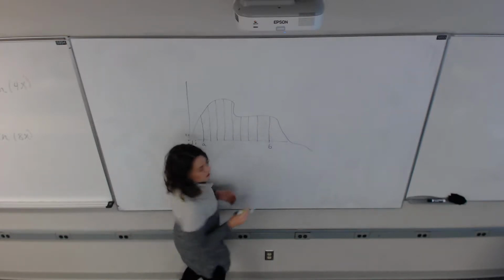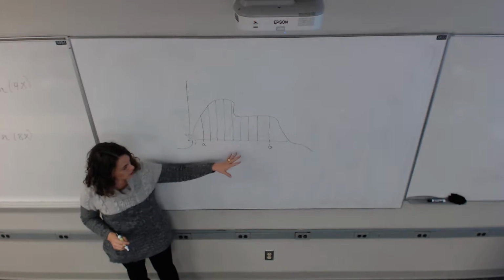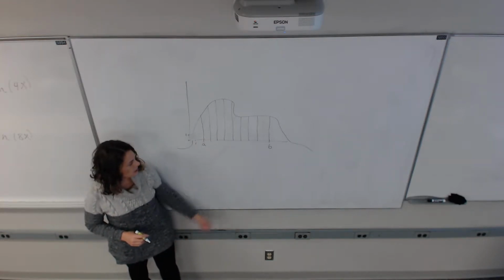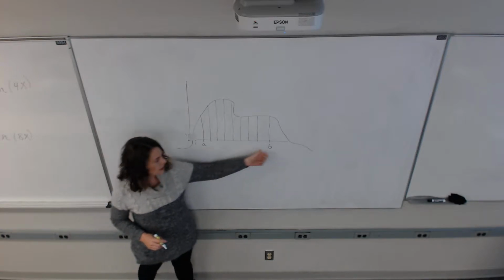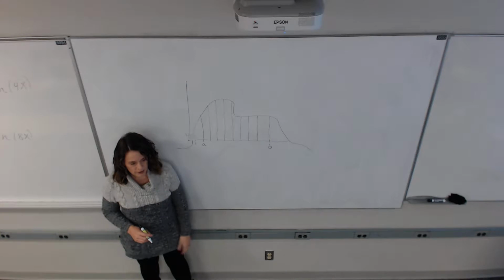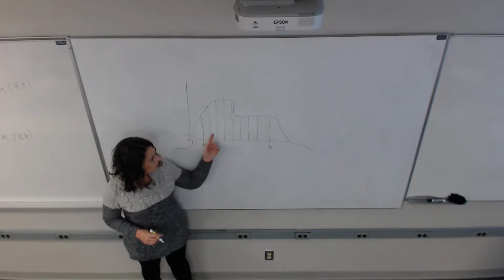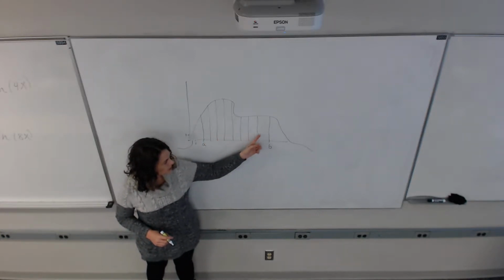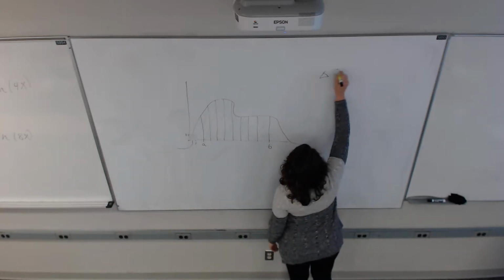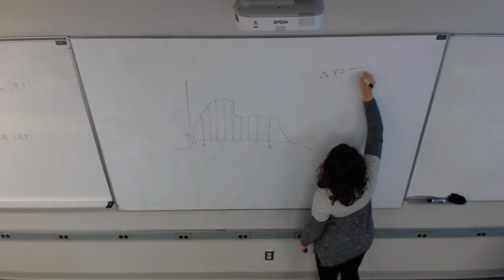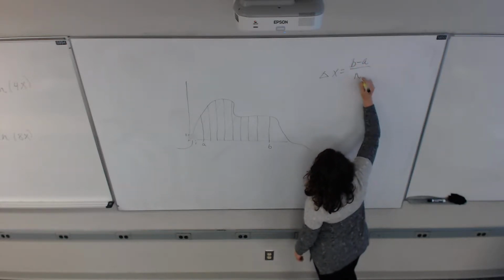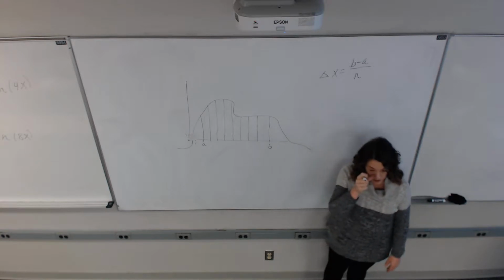Now if you're dividing them into regular slices where they're all the same width, how wide would each one be? If this is A, and this is B, how wide are they? 1, 2, 3, 4, 5, 6, 7, 8. How wide are they each? Divide what by 8? A to B. B minus A, and then you divide by the number that you have in your partition.